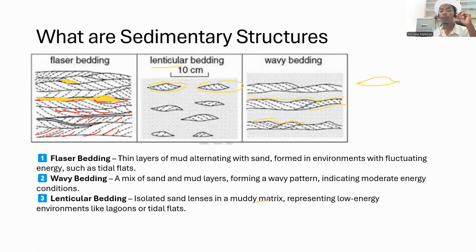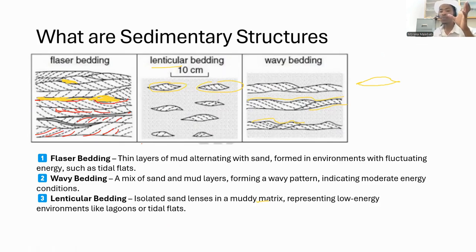The lenticular name comes from the lens, or the eye kind of vibe. So we've got isolated sand lenses in this muddy matrix, which represent low energy environments like lagoons or tidal flats, because we expect mud to form in calm environments.